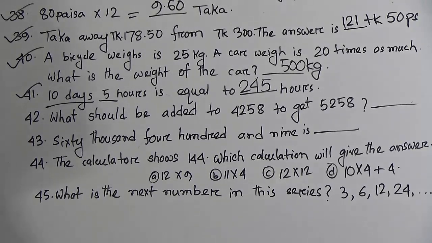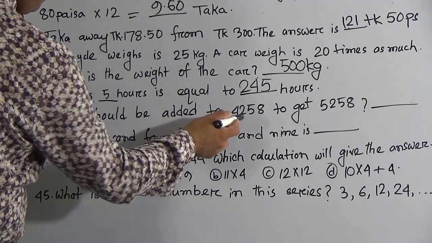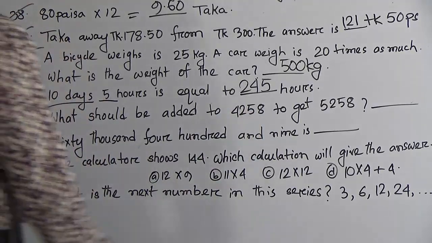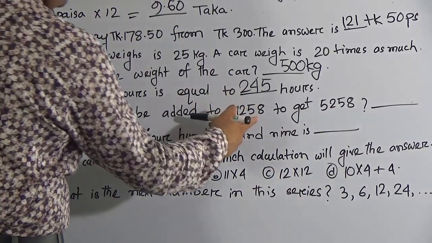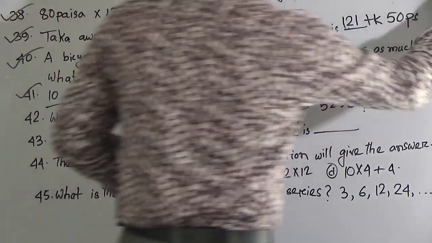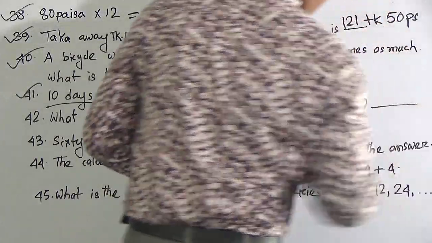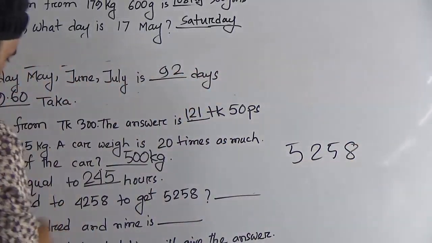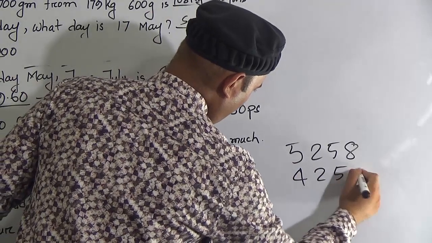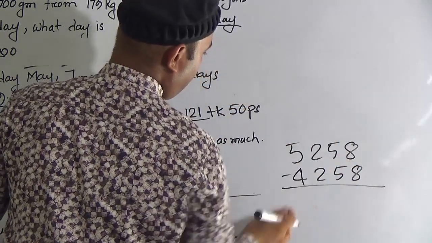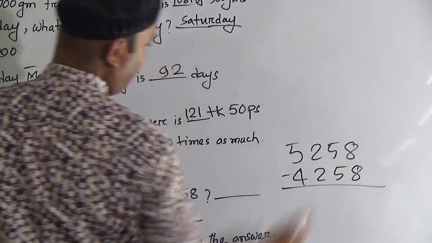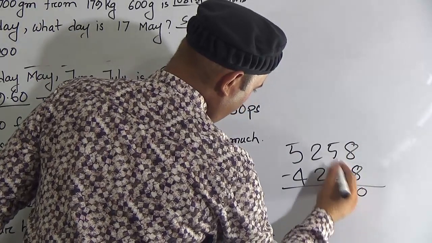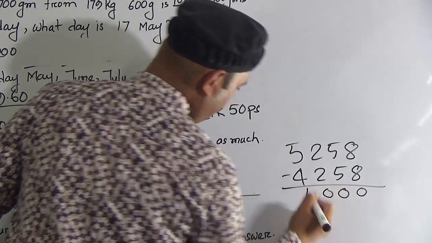Now number 42. What should be added to 4258 to get 5258? What should be added to this one to get this one? So if we subtract 4258 from 5258, then we'll get 0, and here is 0, here is 0, and here is 1.